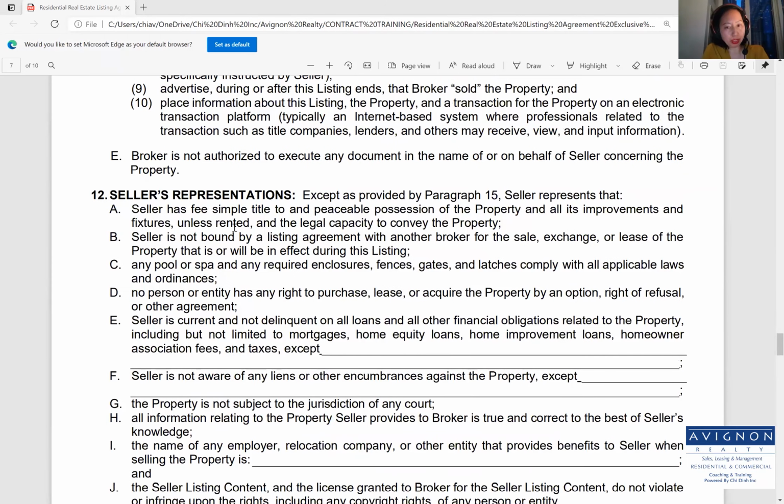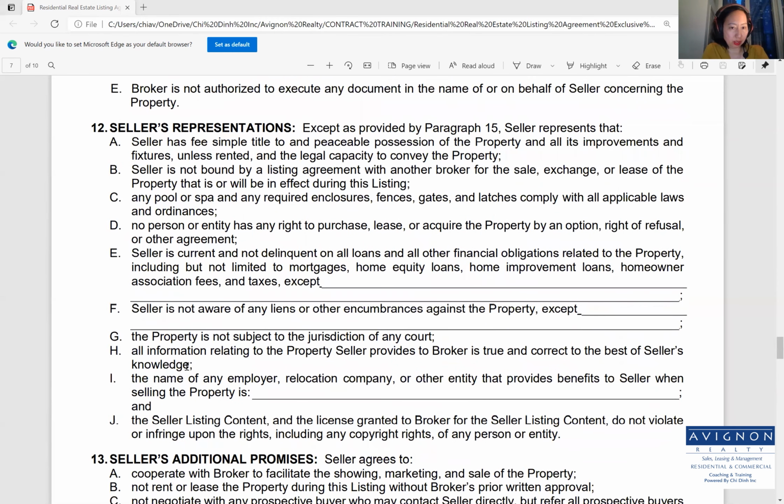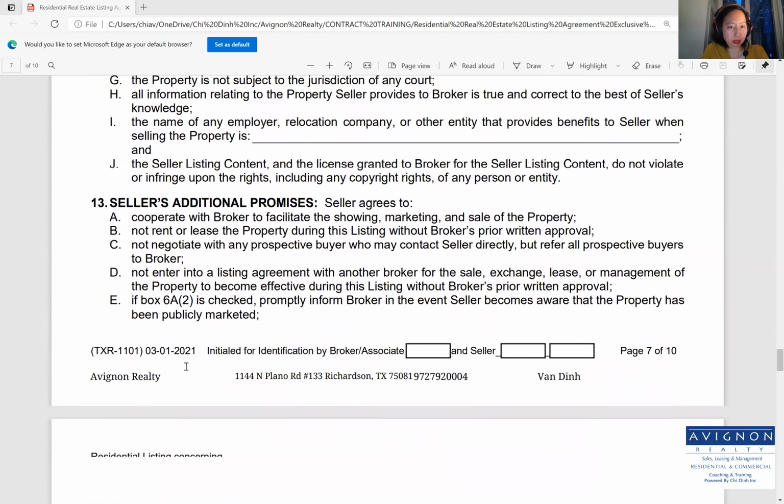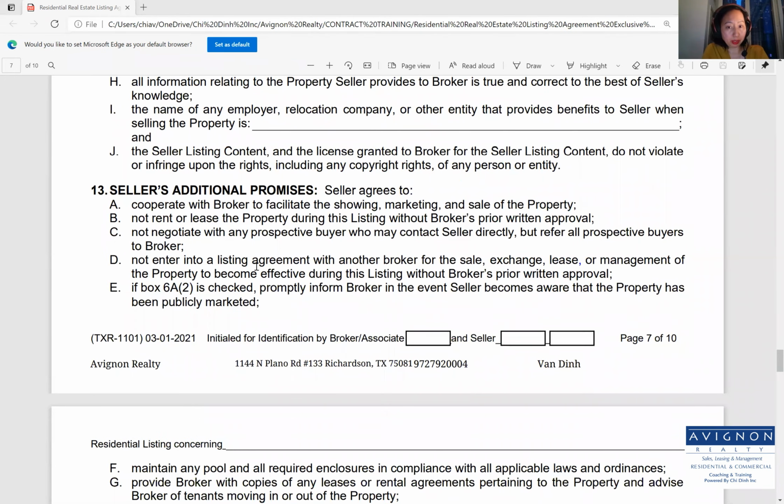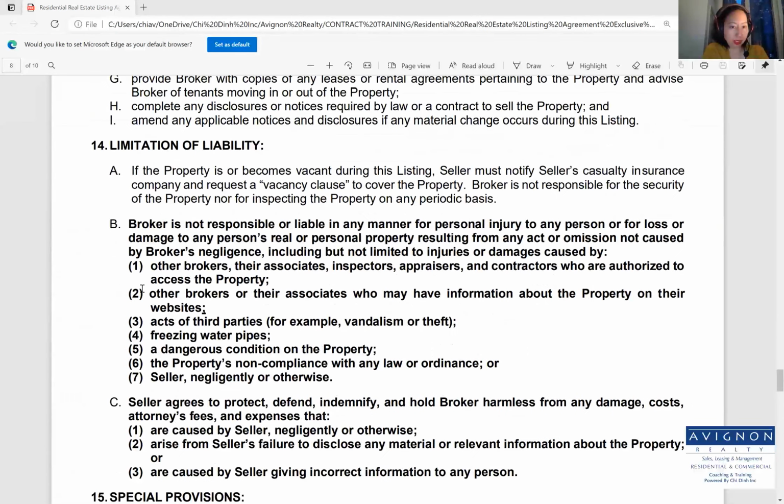And seller's representations, except as provided in paragraph 15, seller represents that these are correct. Seller needs to disclose. And then seller's additional promises, seller agrees to the following.